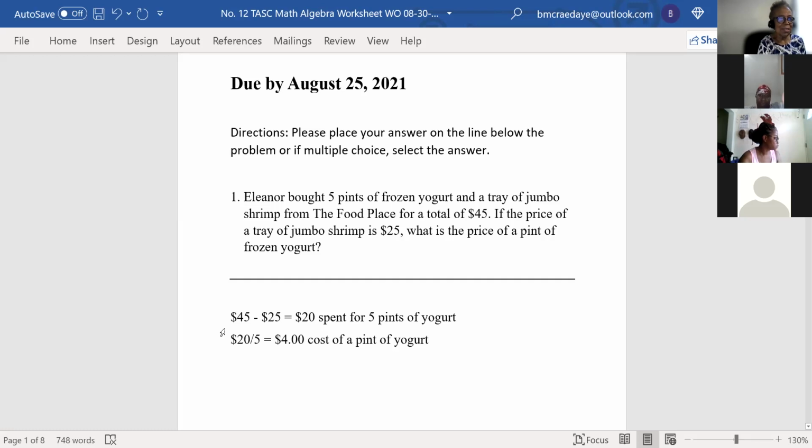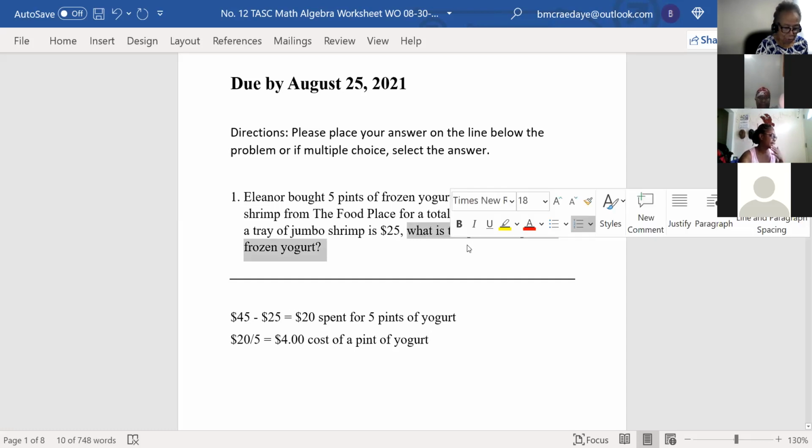Okay, so that's the way you solve it, because you know Eleanor spent a total of $45. She only bought two things. She bought shrimp and she bought yogurt. So if you know the cost of the shrimp, and like Vanessa said, subtract that from 45, that gives you what she spent for the yogurt, which is $20. But what were you supposed to find? The price of a pint of frozen yogurt.